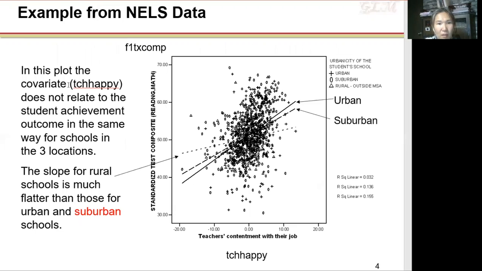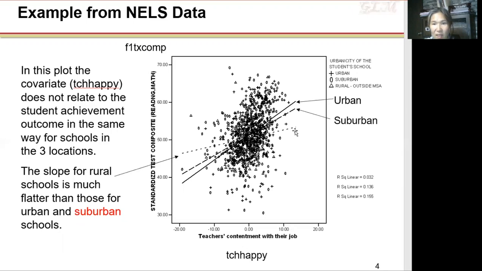In this plot, the covariate teacher happiness does not relate to the student achievement. So student achievement is the dependent variable, the outcome. In the same way for schools in 3 locations, the slope for rural schools is much flatter than those for urban and suburban schools.